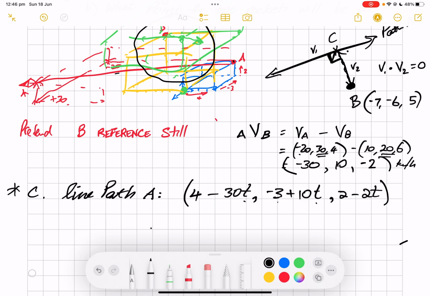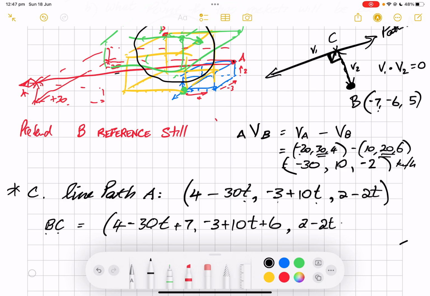So what we're going to do is get vector BC, and that would be that pathway minus B. So it's 4 minus 30t, take away negative 7, negative 3 plus 10t, take away negative 6, and 2 minus 2t, take away 5.